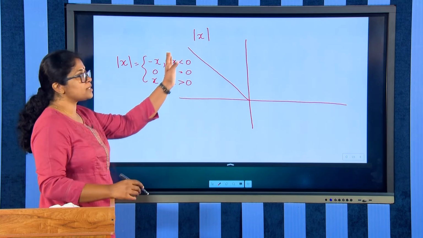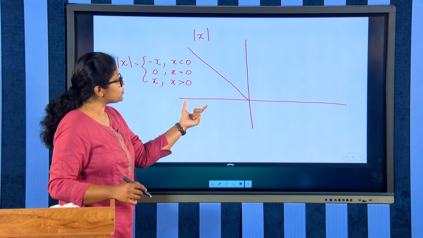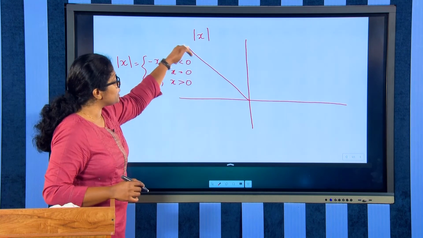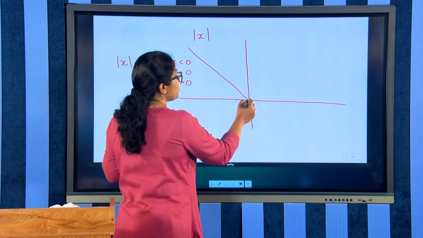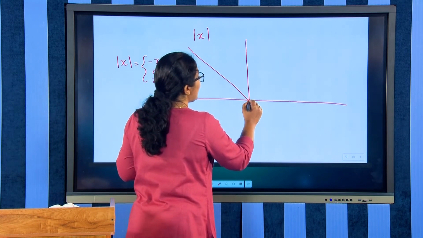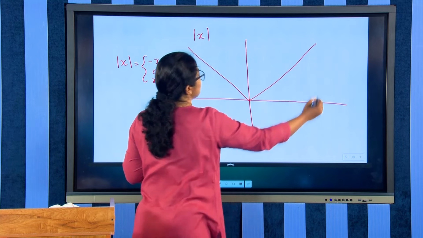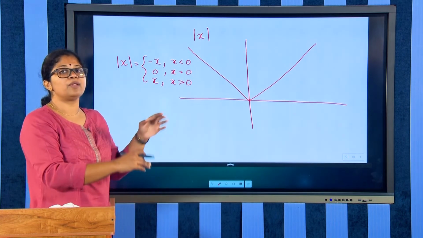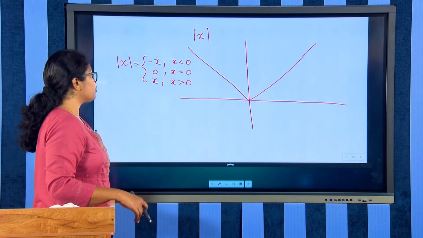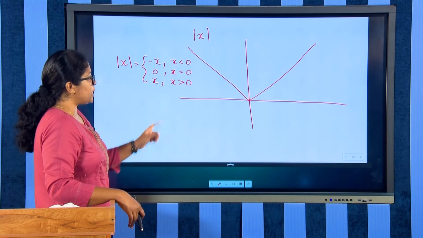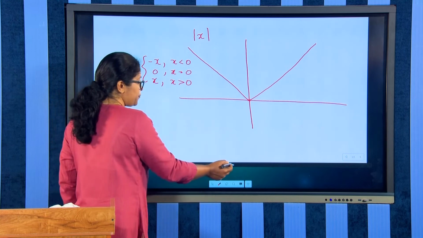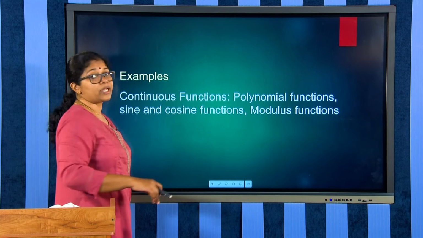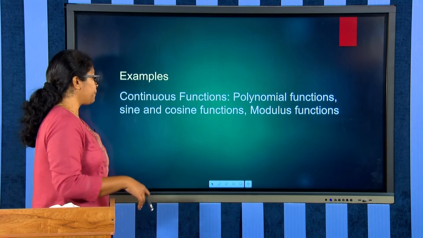On this side it is a straight line. For every x value, the negative of that x value becomes a positive value. For x equal to 0, it is equal to 0, and for x greater than 0, the function is like this. So, it is a continuous function. At every point, the limiting value is exactly equal to the value of the function. So, that is the case of the modulus function, and that is also a very important example of a continuous function.